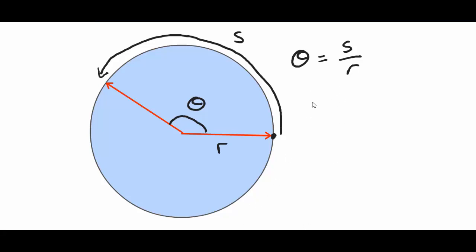Or if we were to rearrange this, what we could work out then is that the arc length is equal to the angle measured in radians multiplied by the radius.